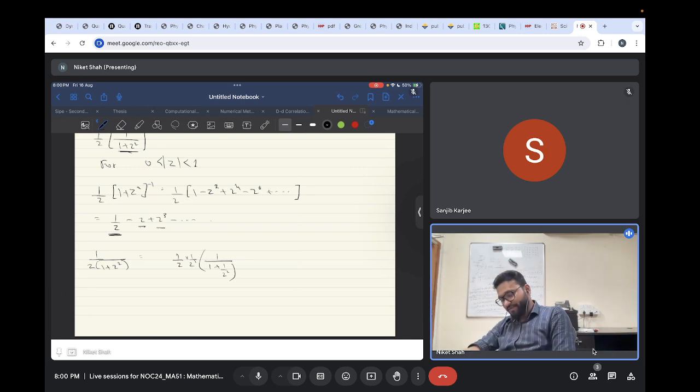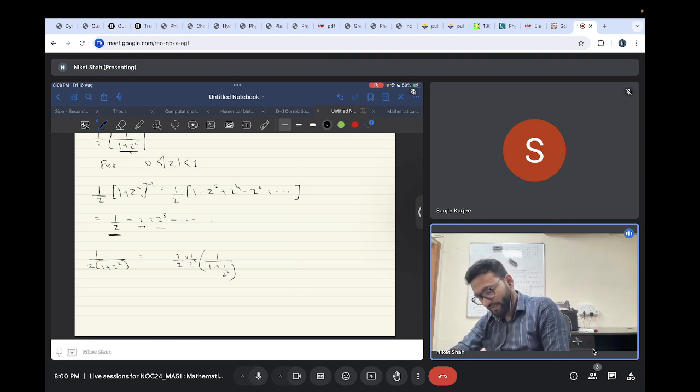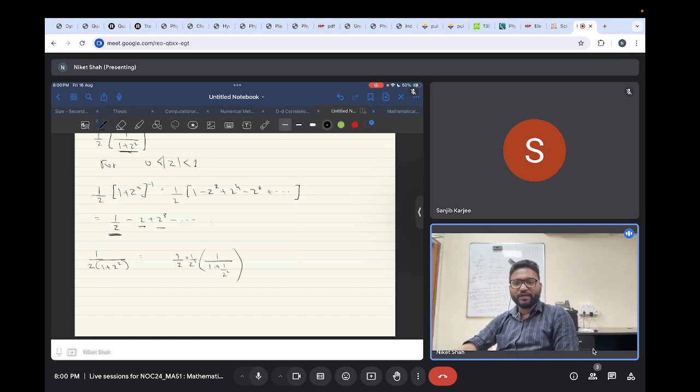What I did is simply I took z square common outside, so I get 1 upon 1 plus 1 by z square inside. Why did I do this? Because I know that mod z is greater than 1 now, so 1 by z square is going to be less than 1. So now for this, I can use the binomial expansion. That's the reason why we followed this structure.